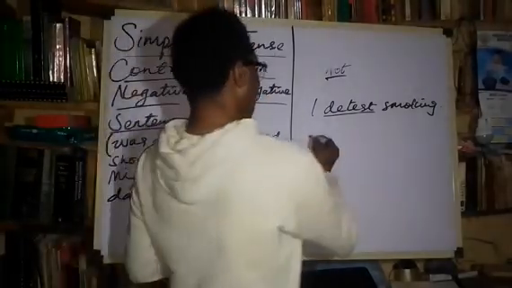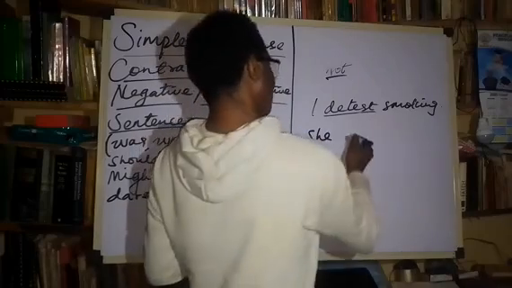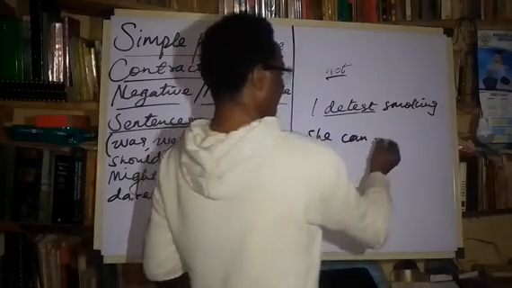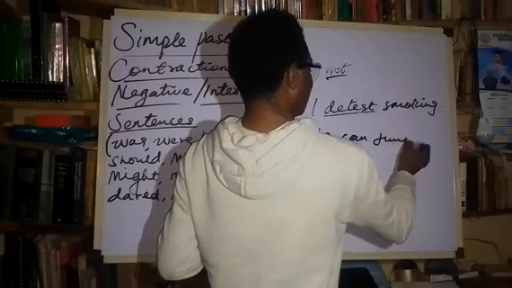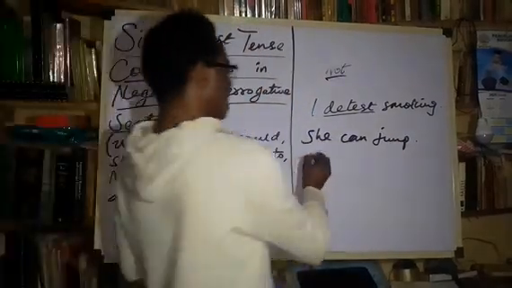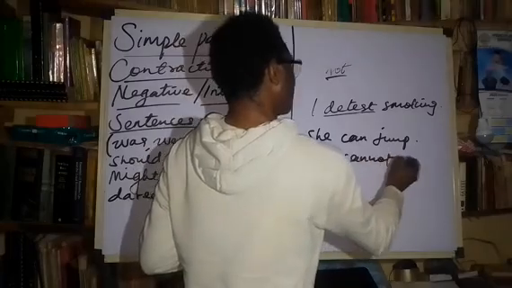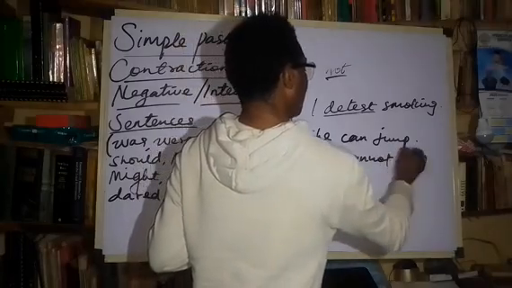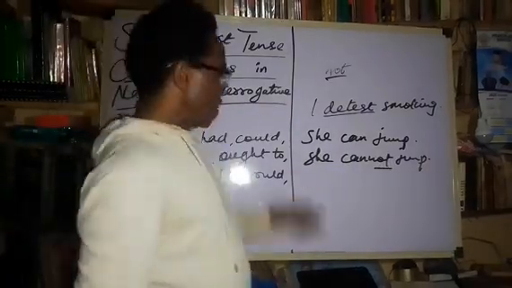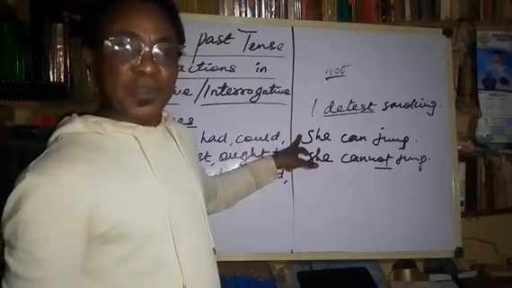For instance, in the sentence, she can jump, it is very easy to negate this sentence by adding the word not to can. So the first sentence, she can jump, is affirmative or positive.